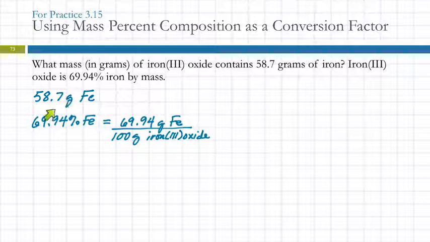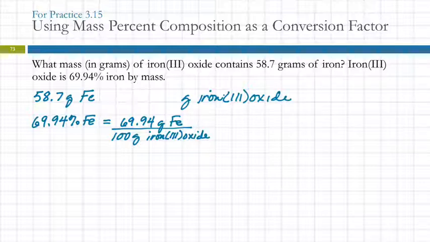Here I have the mass of iron. They're asking me for the mass of the compound. So this is my given thing, and my thing I'm trying to find, grams of iron(III) oxide. The percentage allows me to convert that in one step.